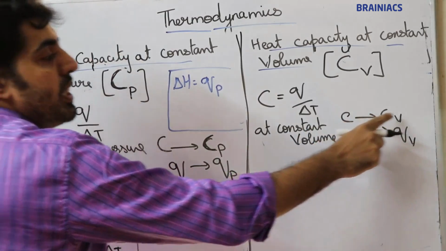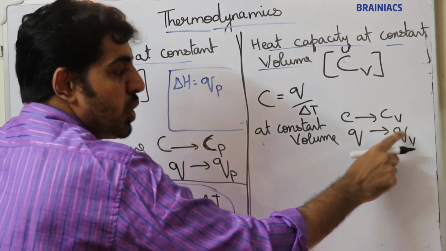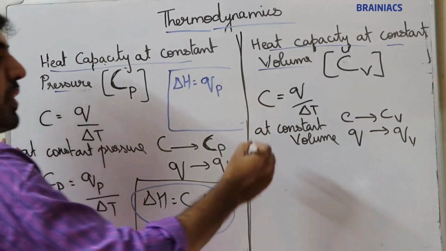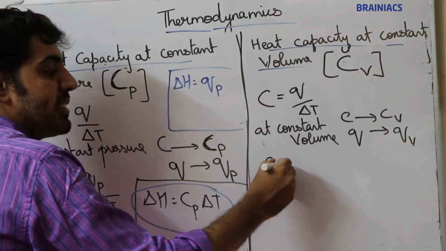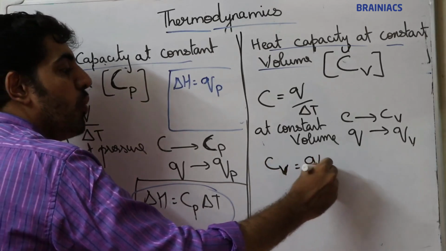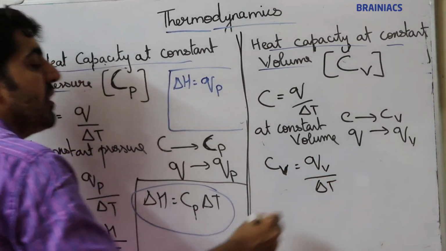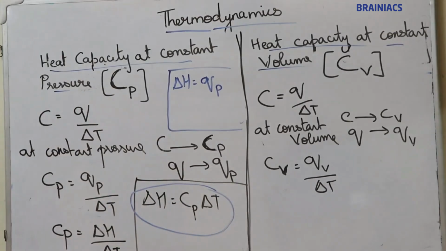I think it's clear. So you can write like this: Cv is equal to Qv divided by delta T.